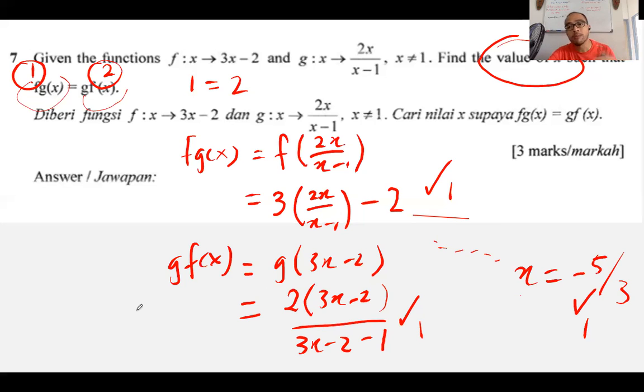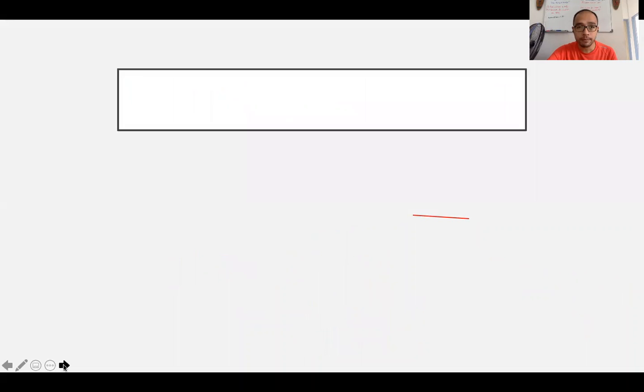Sebab itu sepatutnya kamu sudah kuasai lah. Sepatutnya. Okay, I know most people are scared that they will get this wrong. Apa dia akan salah-salah kira terus dia tidak dapat jawapan akhir. But you only lose 1 mark. Okay, janganlah disebabkan kau tidak boleh dapatkan jawapan terakhir kan, terus kamu gadaikan semua. You can still get 2 marks out of 3. And this is what you should be aiming for. Okay, especially those of you yang lemah lah, okay, dalam maths.